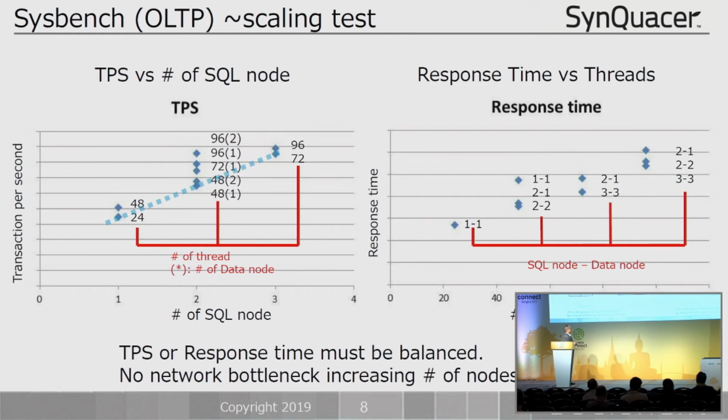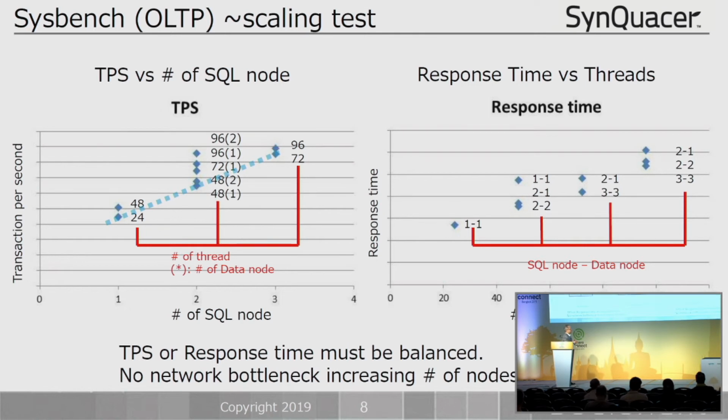But there is a disadvantage to increasing the number of Sysbench threads, because increasing threads worsens the response time. So we need to balance a better response time against the maximum Sysbench threads.